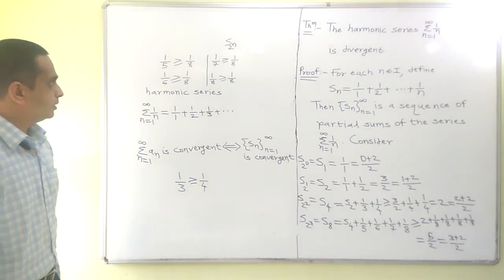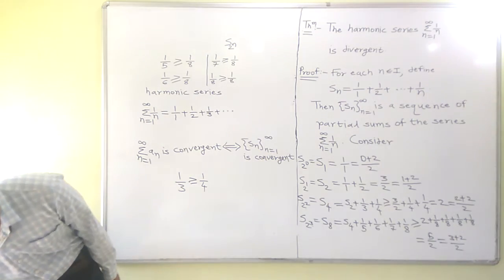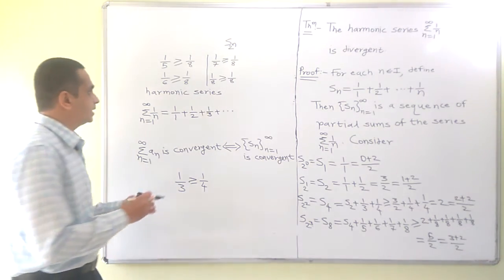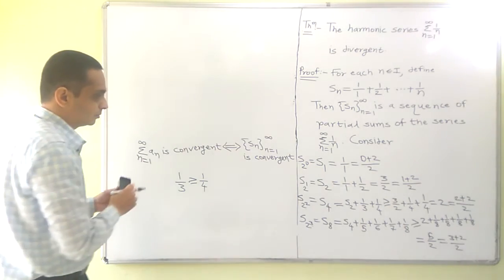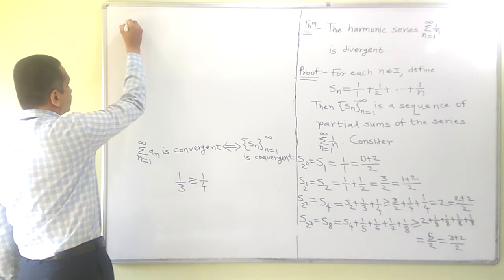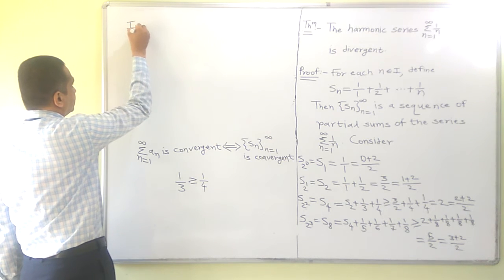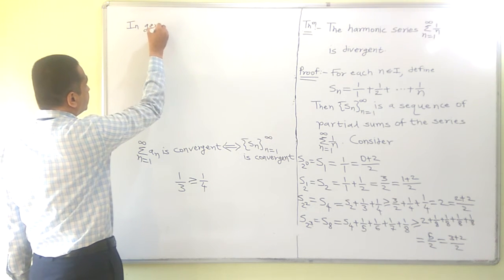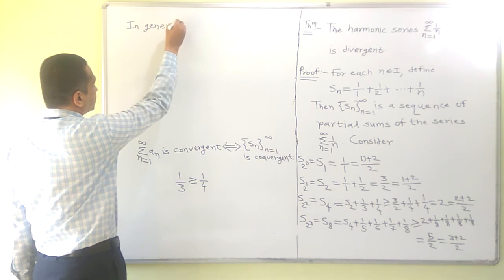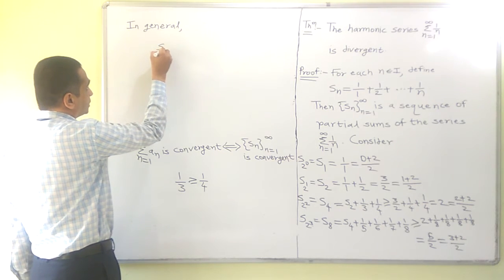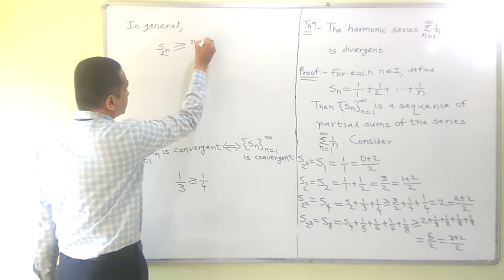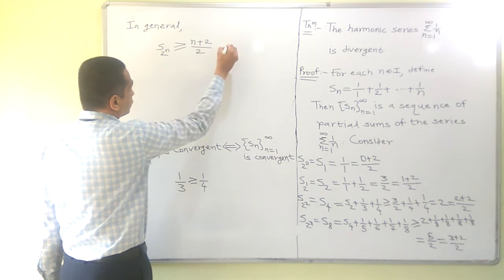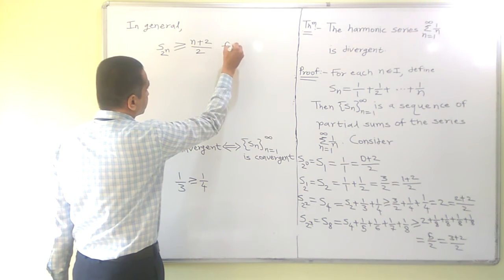So with this observation, in general, or by induction you can prove this, or continuing in this way, we could establish that S_(2^n) is greater or equal to n plus 2 upon 2 for all n belonging to N.